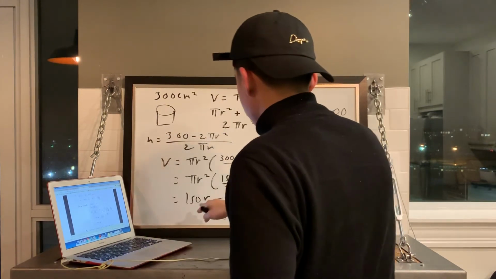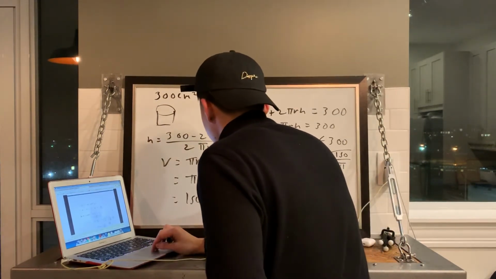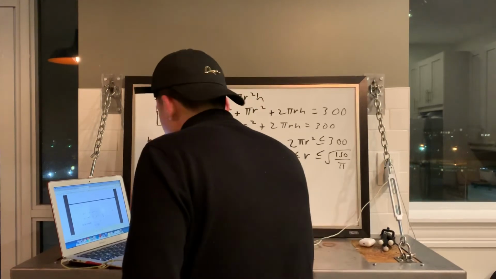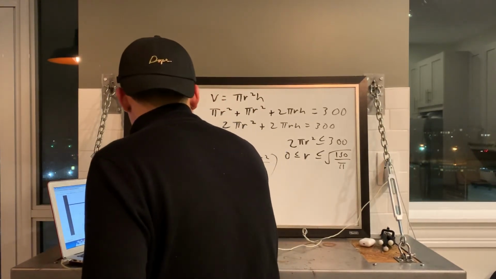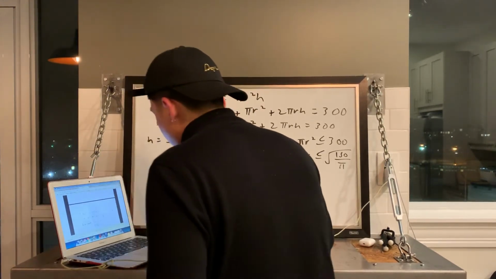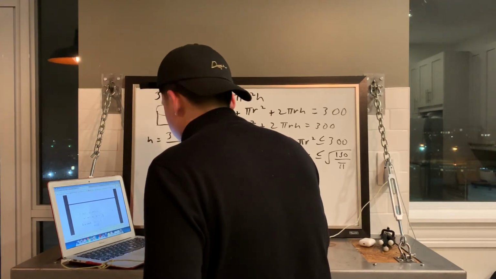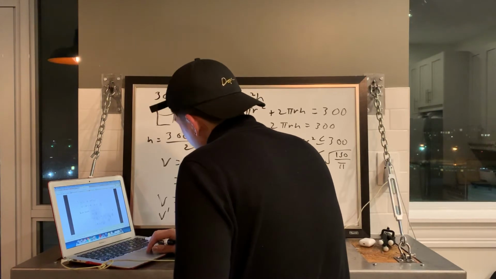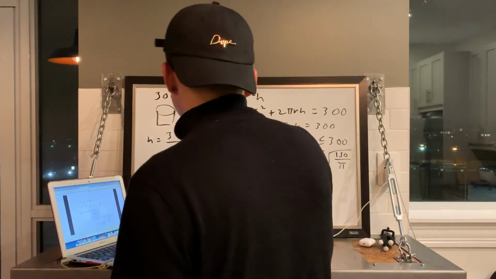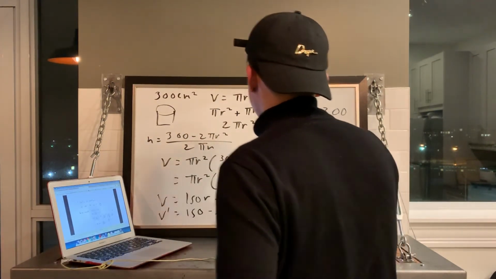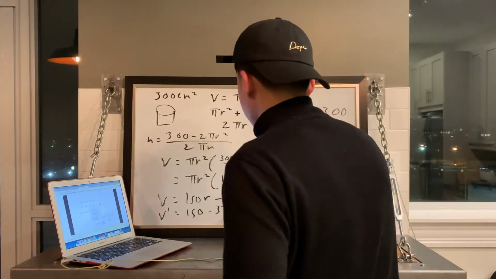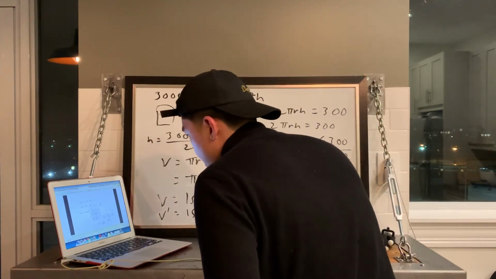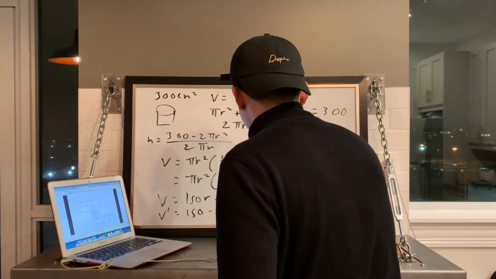Then we just test the values. We find the critical points right here, because V prime would be 150 minus 3 pi r squared. So if I were to solve, I'd get the critical number r equals root 50 over pi.